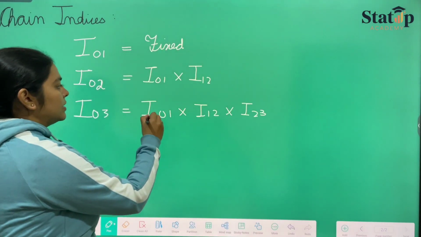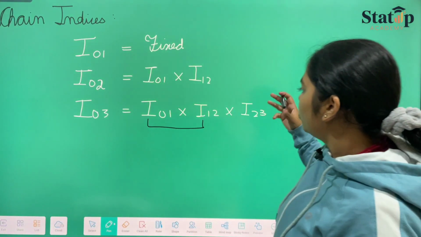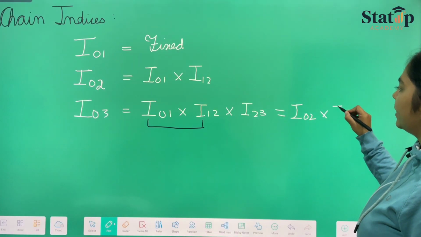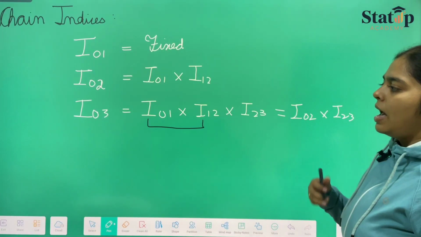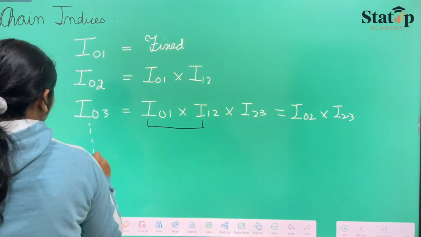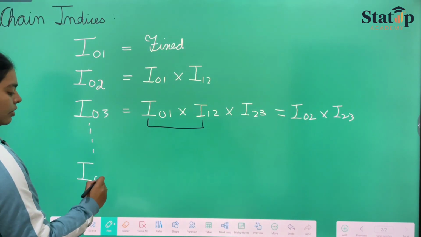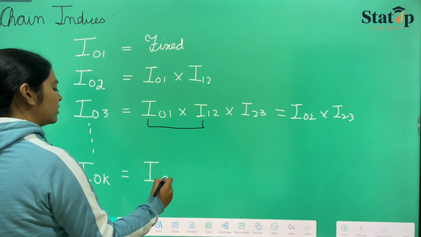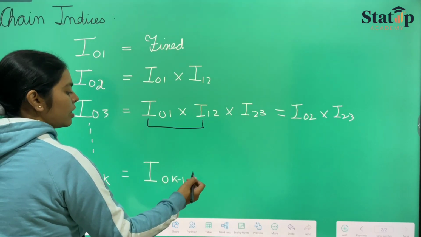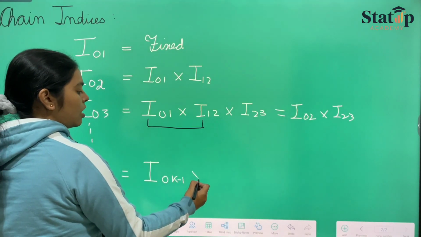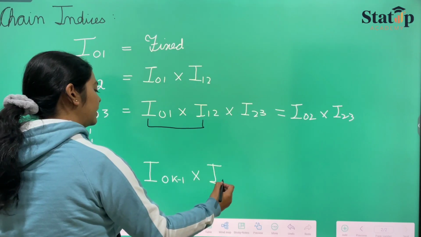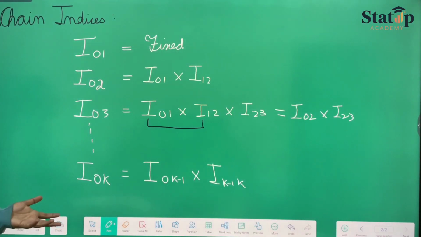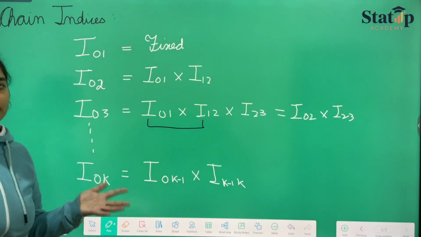And since I01 into I12 is nothing but I02, I can write it as I02 into I23. Following this pattern, if we have to find the index number of the kth year, we can write it as I0,k-1, where k-1 is the current year, into I(k-1),k. So this is how we find the chain index number.